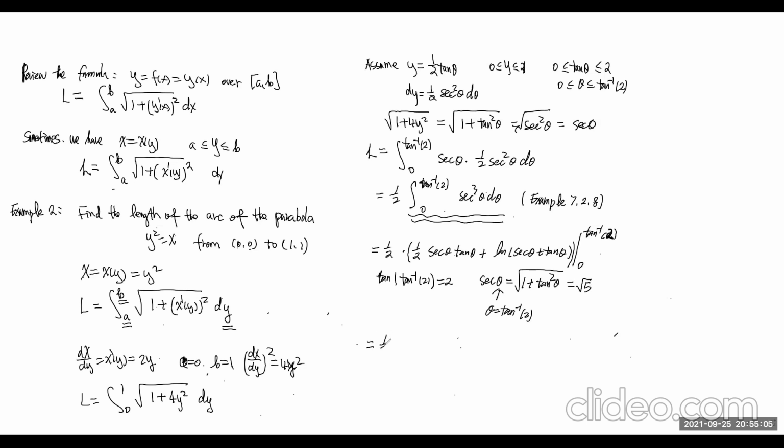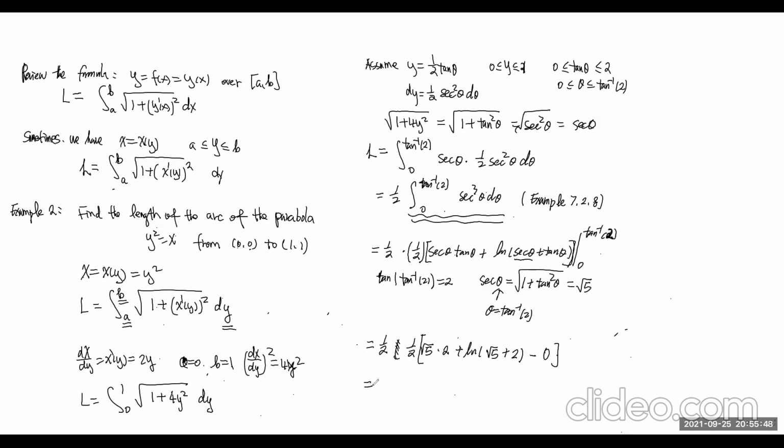So we have half times half, square root of 5 multiplied by 2, plus ln of square root of 5 plus 2, minus the value at 0. When you plug in 0, secant is 1 and tangent is 0, so this term is 0.